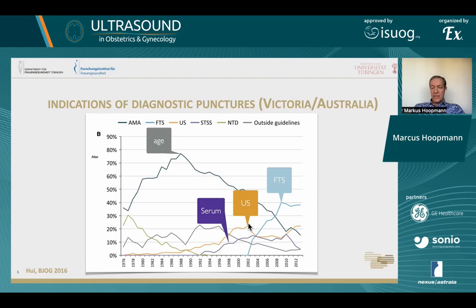There is a slow rise of the indication of second trimester ultrasound and finding of malformations, but it never was bigger than 25%. Nowadays it's stable at this 20% level. But we see the uprise of first trimester screening, which is now the main cause of diagnostic tests, especially in the first trimester, and has overtaken the triple or quadruple test.